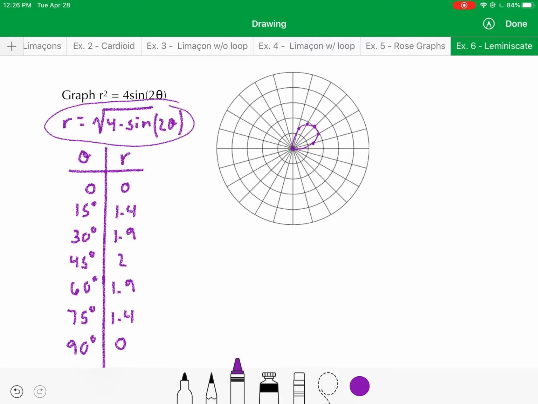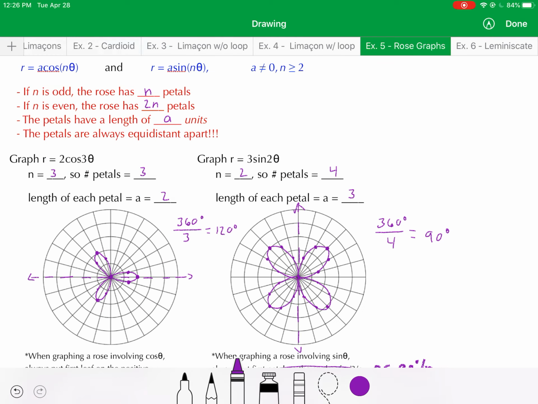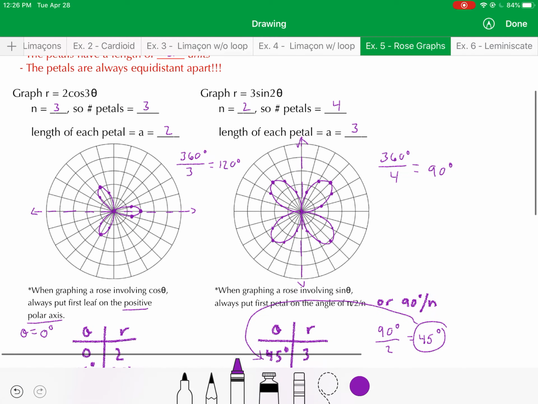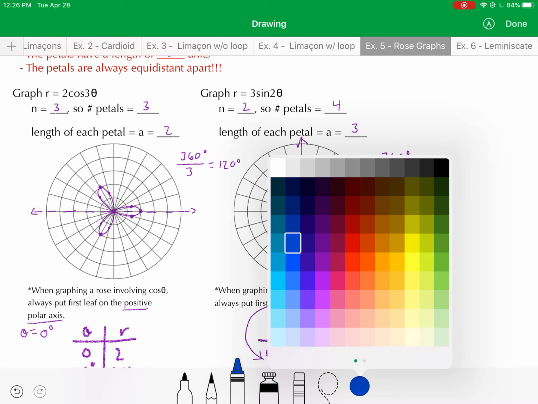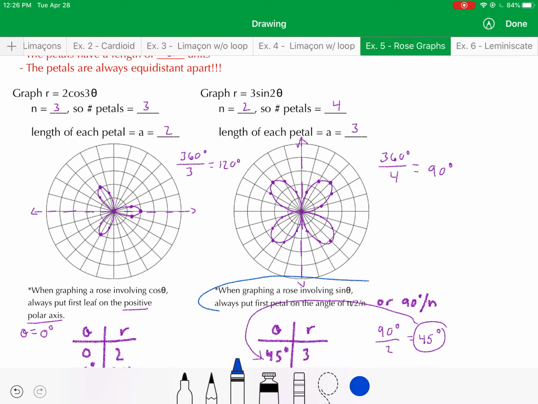And one thing I do want to draw your attention to is notice where the furthest point is away from the pole. It's right here at 45 degrees, comma 2. And notice that angle measure is 45 degrees, which is consistent with, if we go back to our rose graphs, this property that when you're working with sine of theta, you're always going to place your first petal at 90 degrees divided by n.